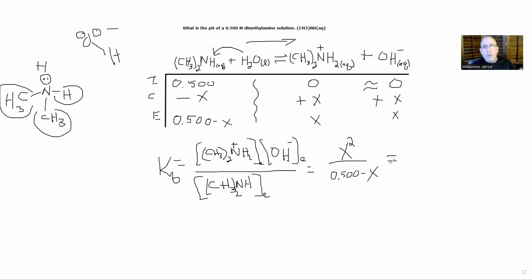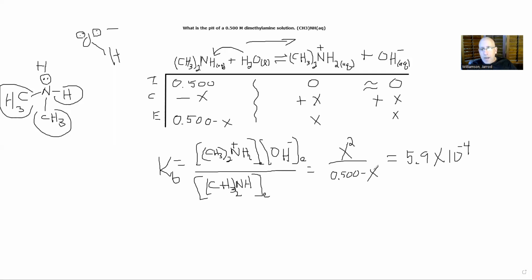But you can look this up online. Google Kb for dimethylamine solution. The numbers will vary a little bit because remember, it's an experimentally determined number. And this is going to be 5.9 times 10 to the minus 4.